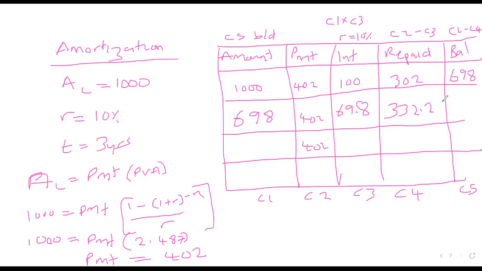Then here we subtract column 1 minus column 4. What do we get? We get 365.8.